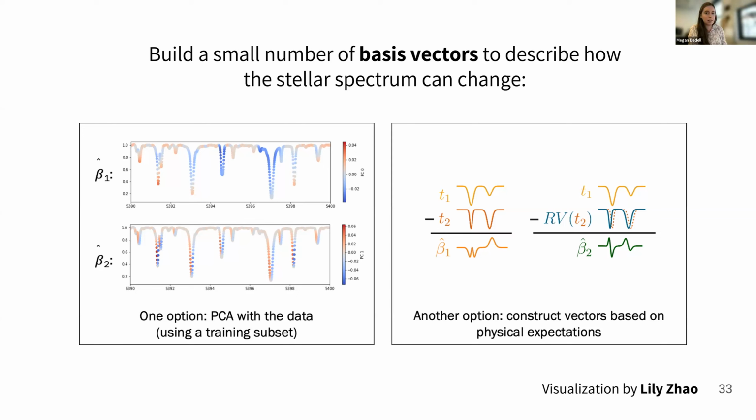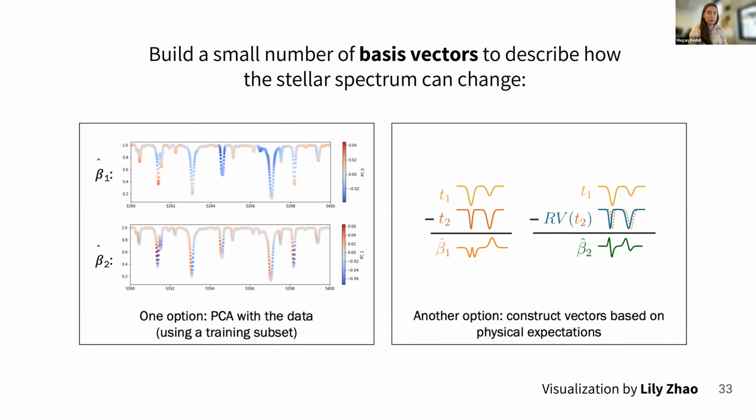We could even do things like taking the difference of the spectrum with respect to the stellar temperature, perhaps, or one of the other fundamental stellar parameters that we think is physically changing about the star. So there's a lot of different options here, and we're still experimenting with what the best basis vectors to choose are.